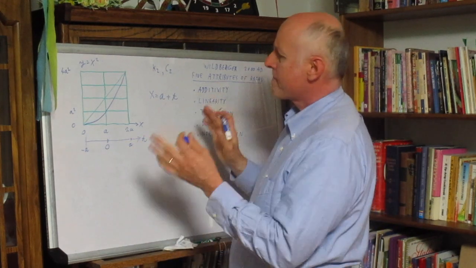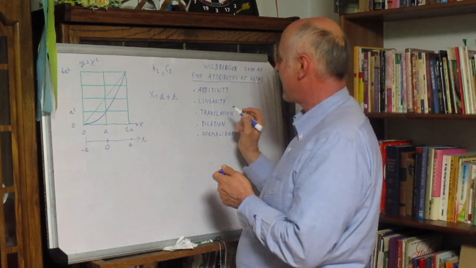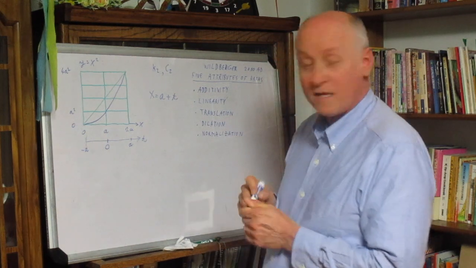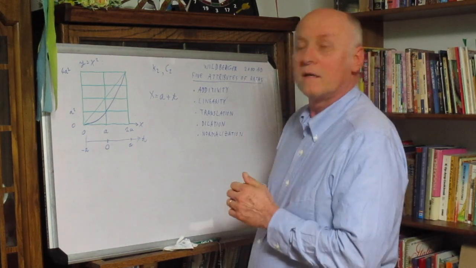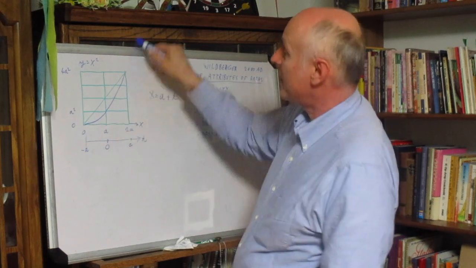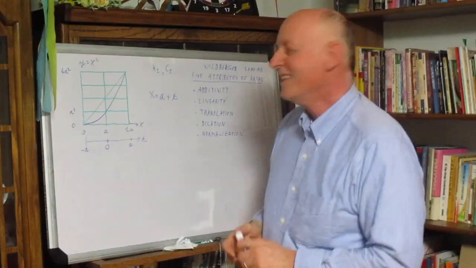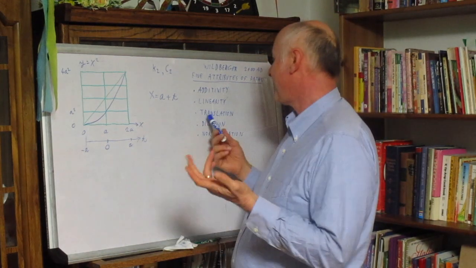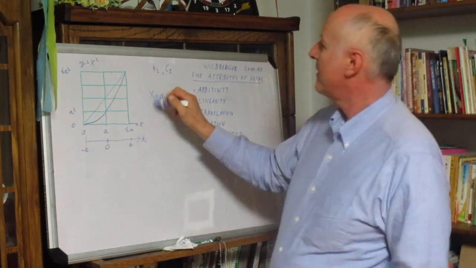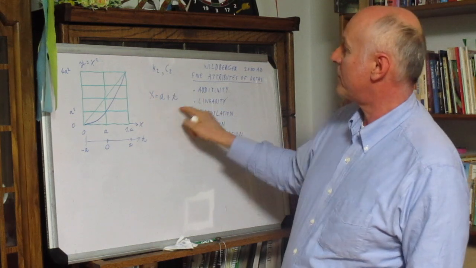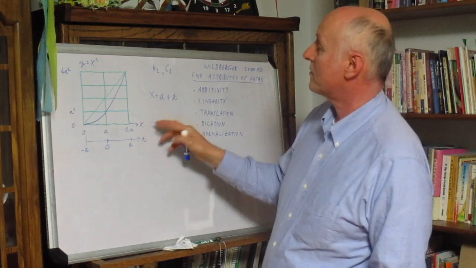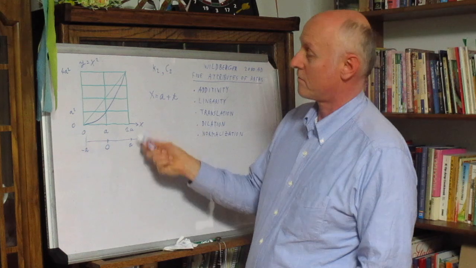So that's translation. And it is an invariant because the curve doesn't change, it's just a reference point. And the defining equation for translation is this: x equals a plus t. And then we just prove it.